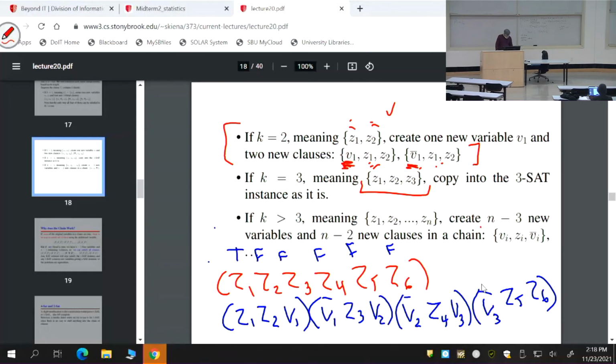I've got my original 6 variables here. I've got them arranged in a chain: V1, not V1, V2, not V2, V3, not V3. See how I got that? What's interesting about this?